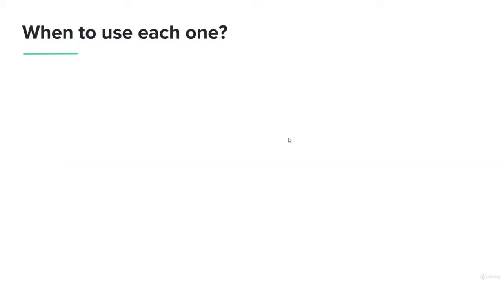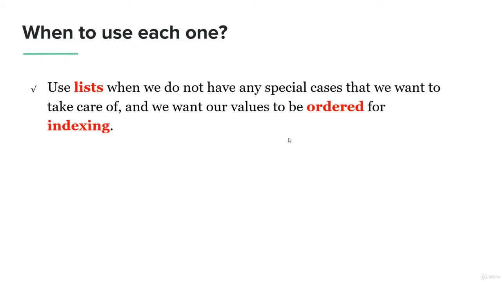Now, when should we use each of the advanced data types we discussed? We discussed lists, dictionaries, sets, and tuples. When should we use each of them? First, let's start with lists, right? We use lists when we don't have any special cases.